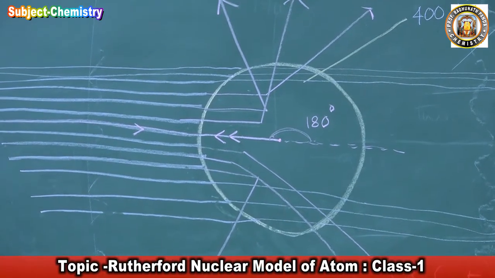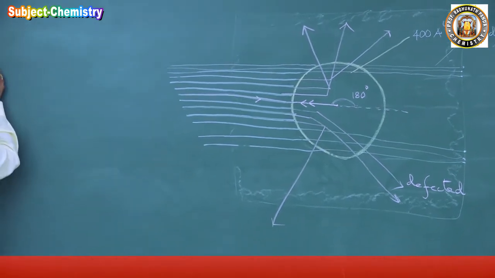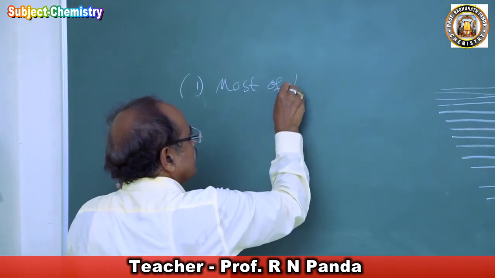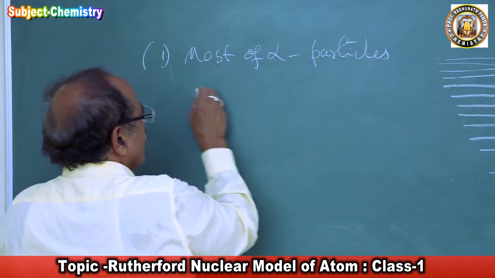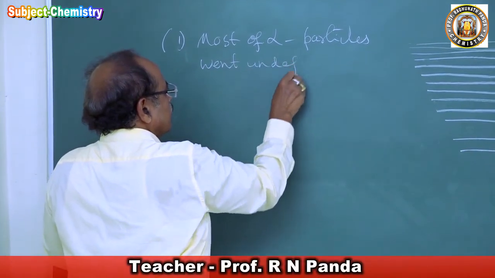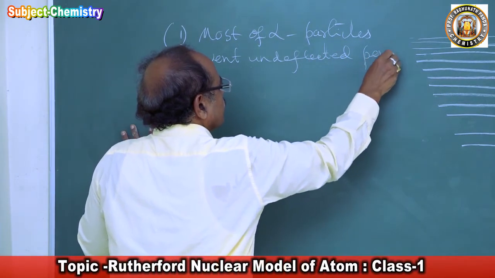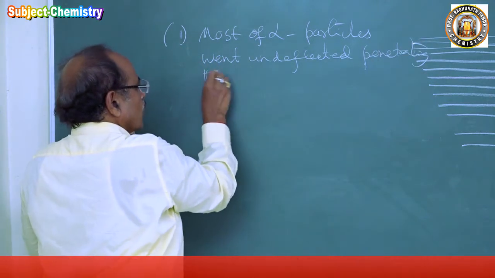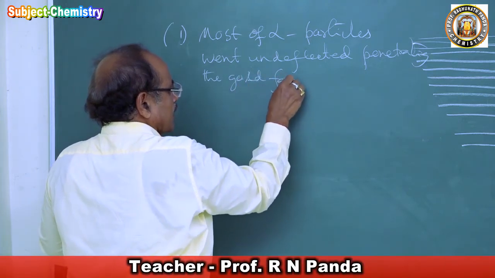So we can record these three observations. In the first observation he made, most of the alpha particles penetrated the gold foil and went undeflected.